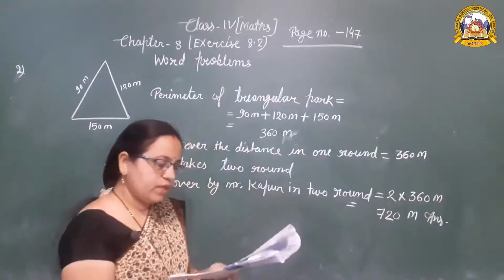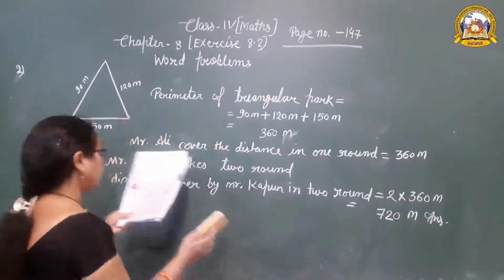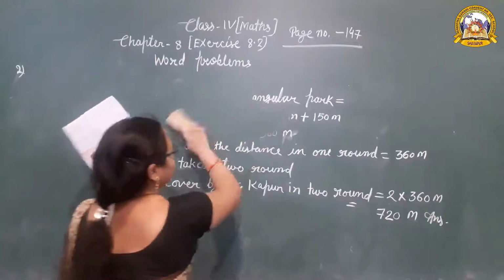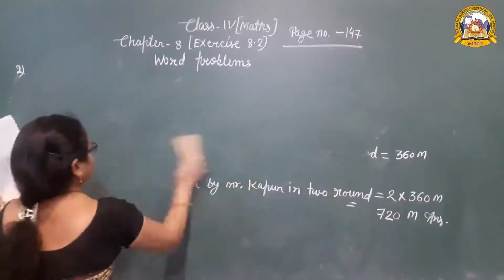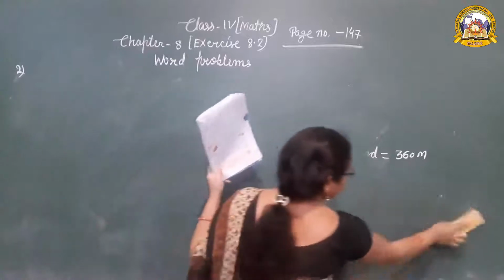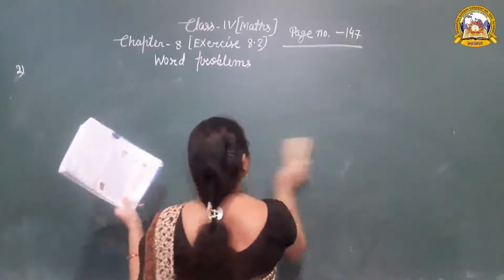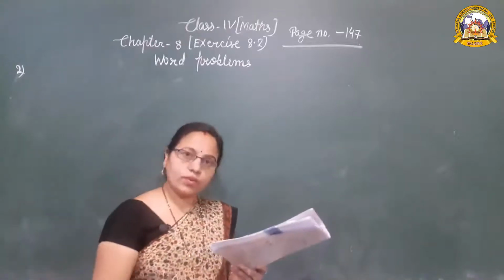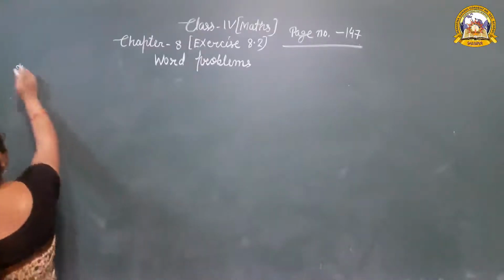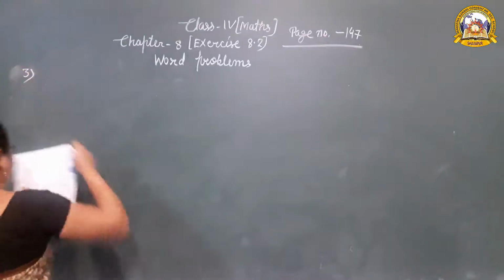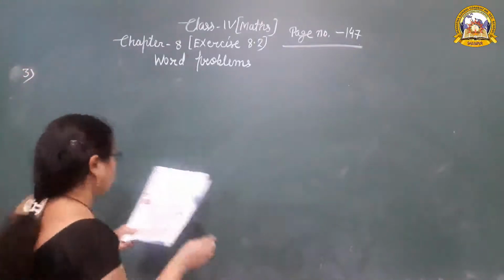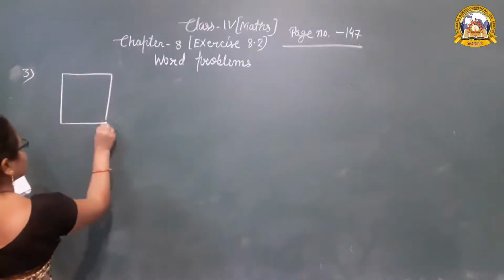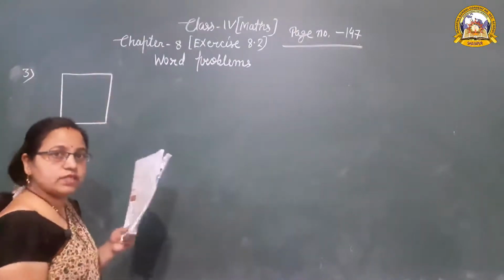A square mirror of the side 30 centimeter has been framed. It means the mirror is in which shape? In the square or the rectangle? In the square shape. And what is the speciality of the square?